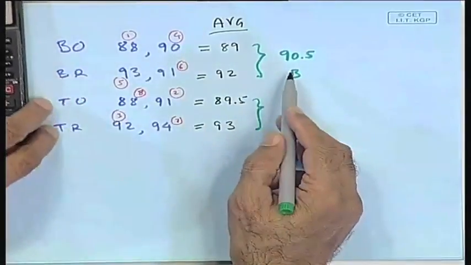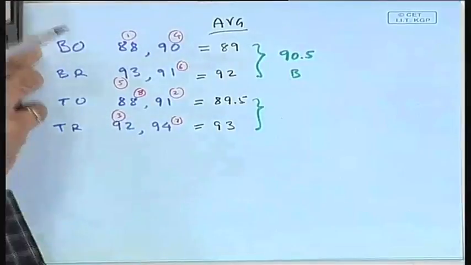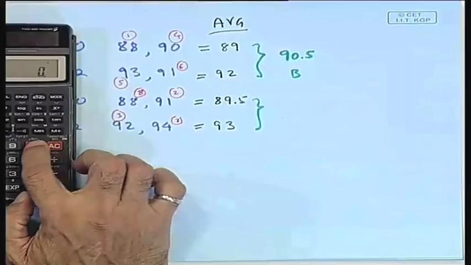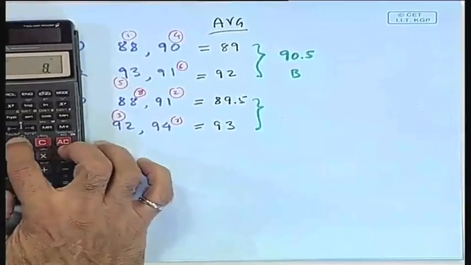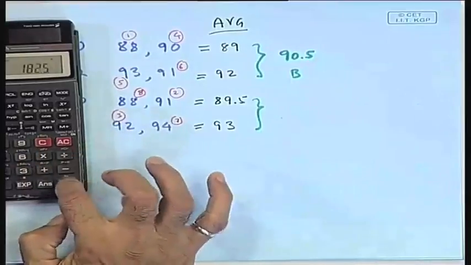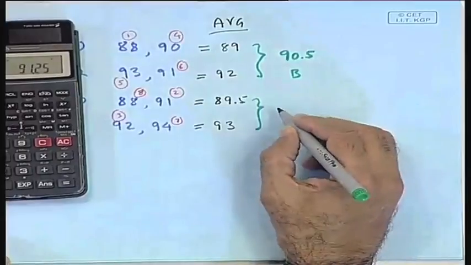I'm going to be telling you a little bit more about this in a couple of minutes. Let's also average out these two quantities. I've got 89.5 plus 93 divided by 2. That's 91.25.